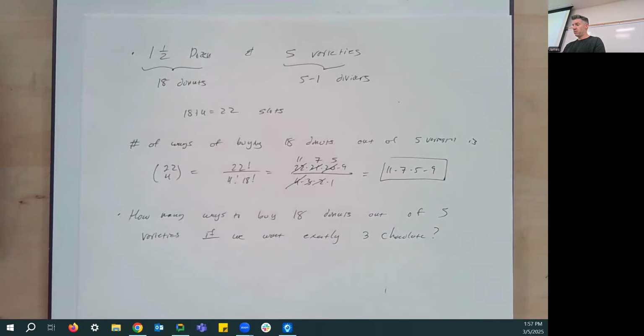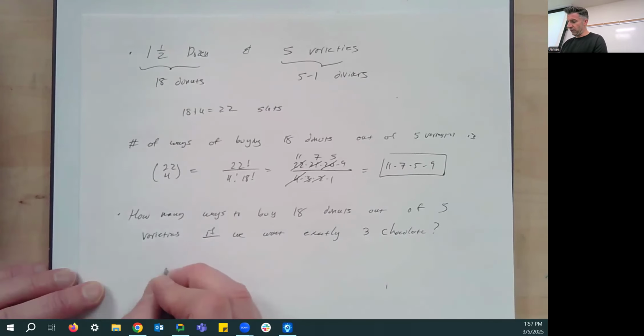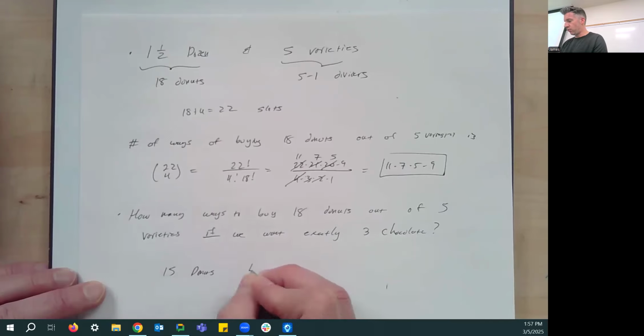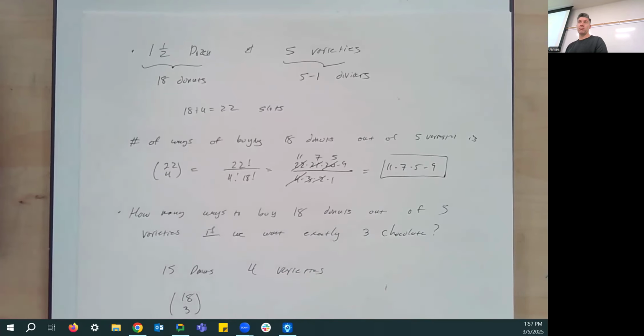We want to buy 15 donuts out of 4 varieties, and then also 3 chocolate ones. Do you see how we just have a lesser question here, right? We know 3 have to be chocolate. There are 15 donuts left to purchase out of 4 varieties left to purchase from. So that's going to be 15 plus 3, which is 18, choose our 3 dividers. That's the number of ways.